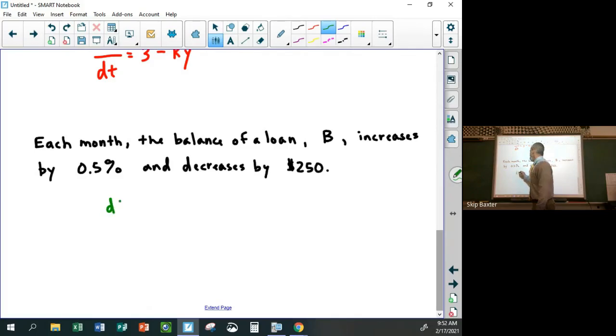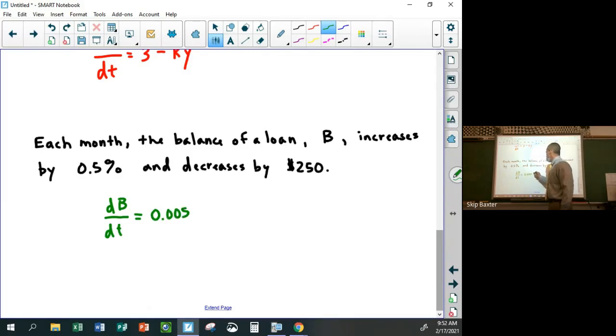dB/dt as a differential equation. What would this one be, do you think? 0.005 B minus 250.